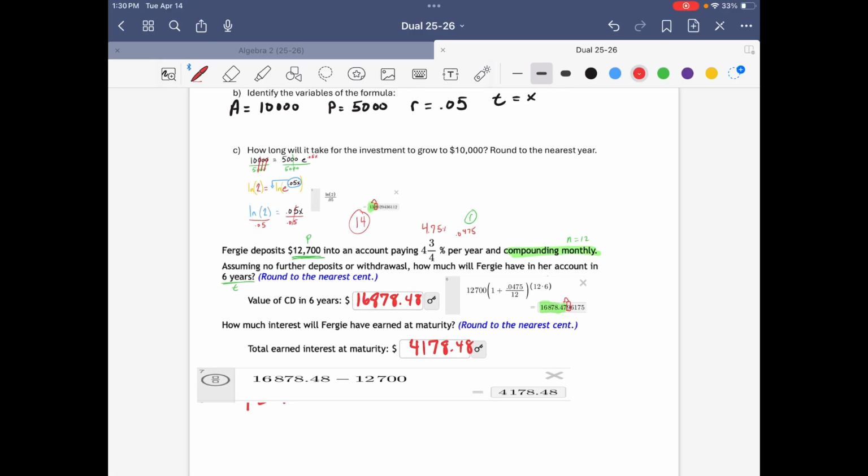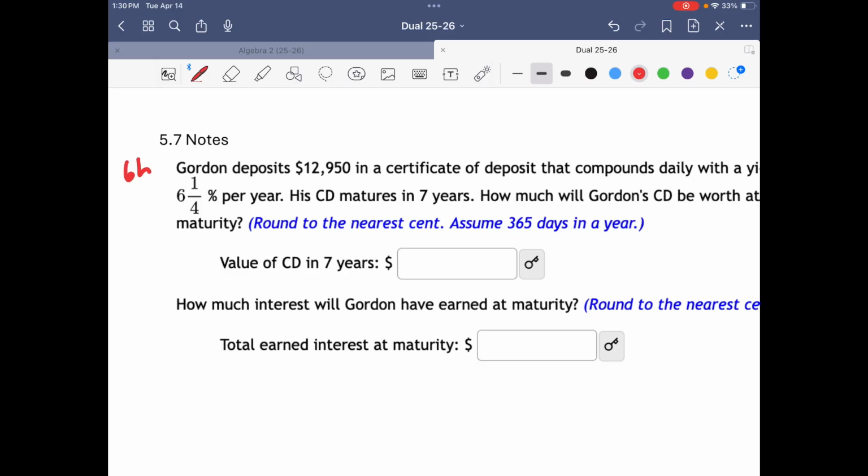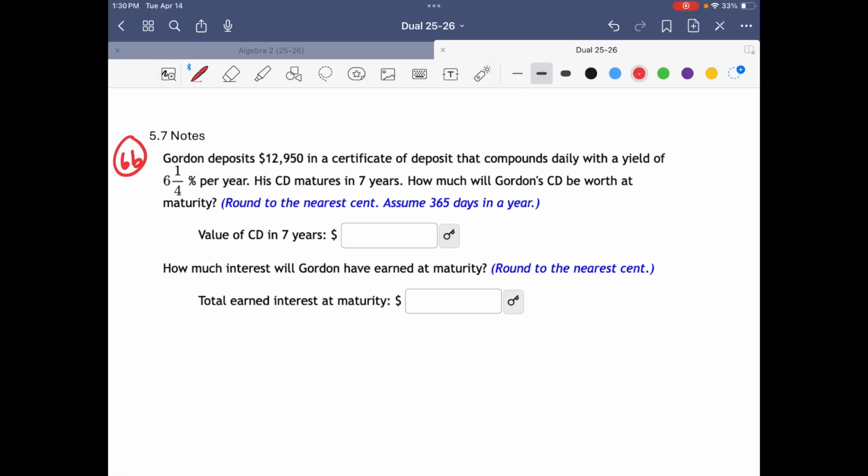All right, this is 6A, and then over here would be 6B. But to be honest, it's the same exact type deal you're doing. Exact same. And Gordon has this much money, right? 12,950. That's our principal. Compounds daily. Oh, daily. That means n equals 365. 6 1/4.